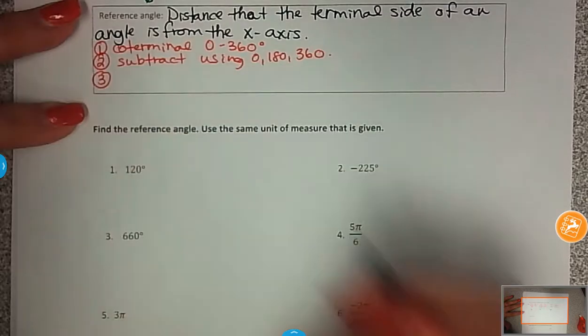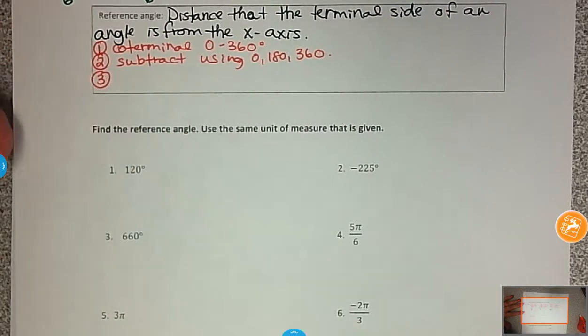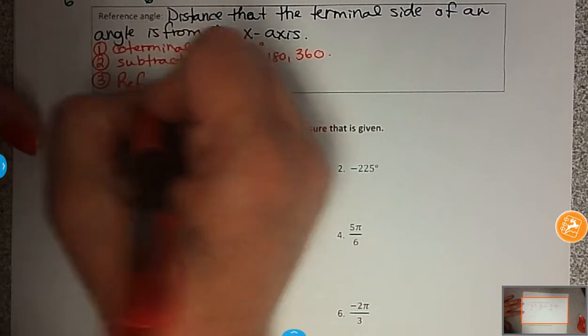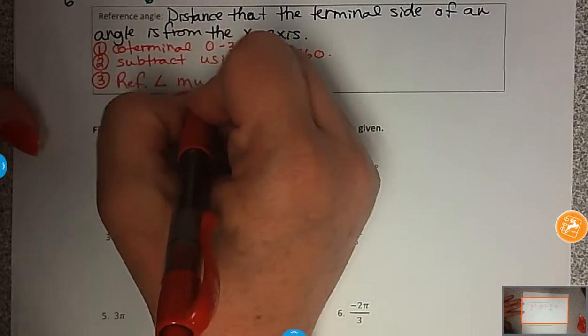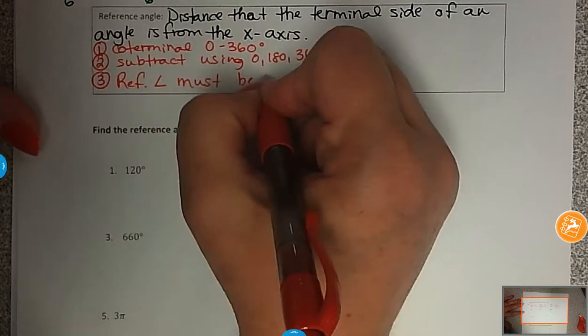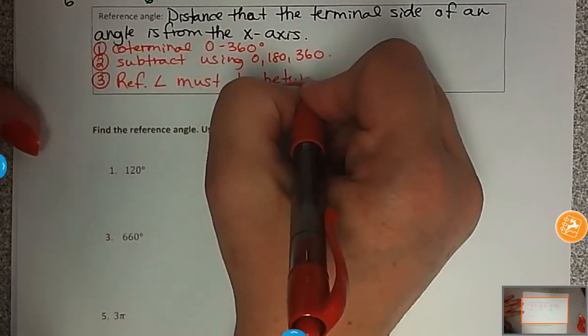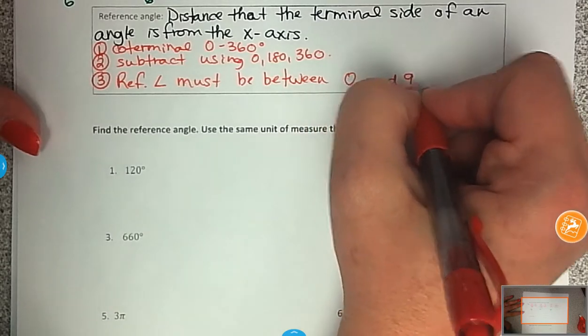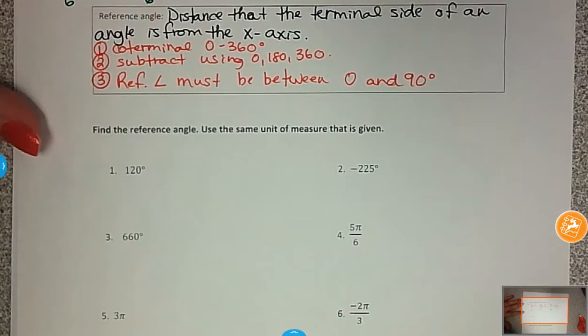And then third, here's how you know if you're on the right track. Lastly, your reference angle must be between 0 and 90 degrees.